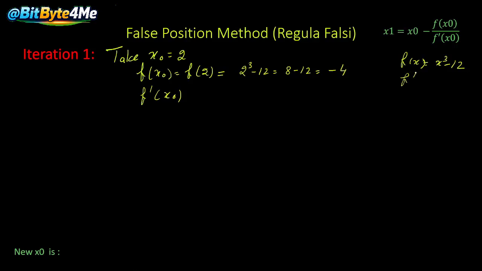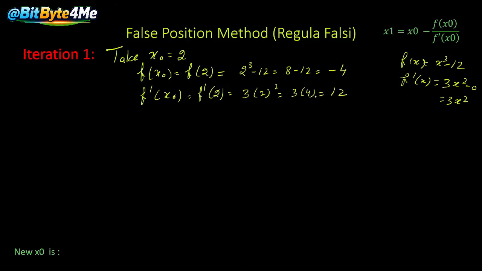So f dash of x is the derivative of this function, which is 3x square. The derivative of a constant is always 0, so 3x square minus 0, which is equal to 3 into x square. So f dash of x0, meaning f dash of 2, will be equal to 3 into 2 square, that is 3 into 4, which is equal to 12.